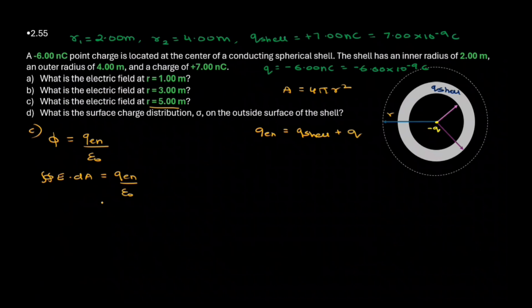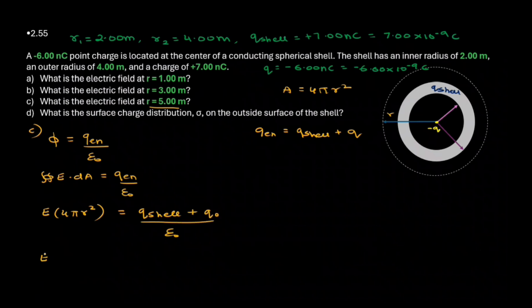Integrating E dot dA over the entire Gaussian surface gives you E times 4 pi r squared, where r is the radius of the Gaussian surface, equals charge enclosed, which is charge on the shell plus charge at the center, over epsilon naught.